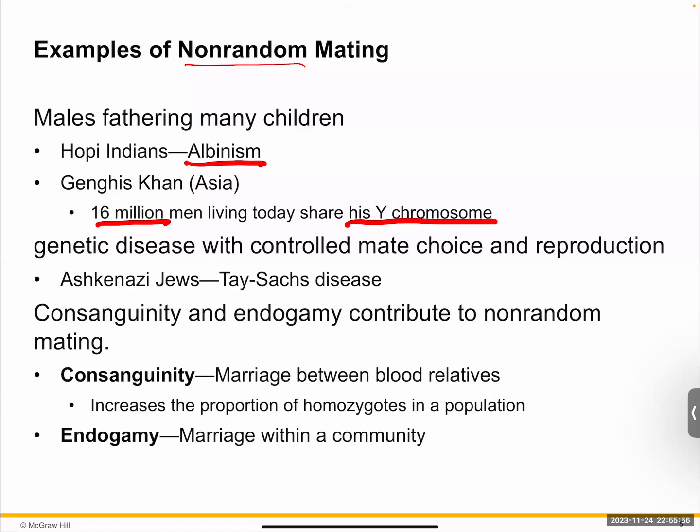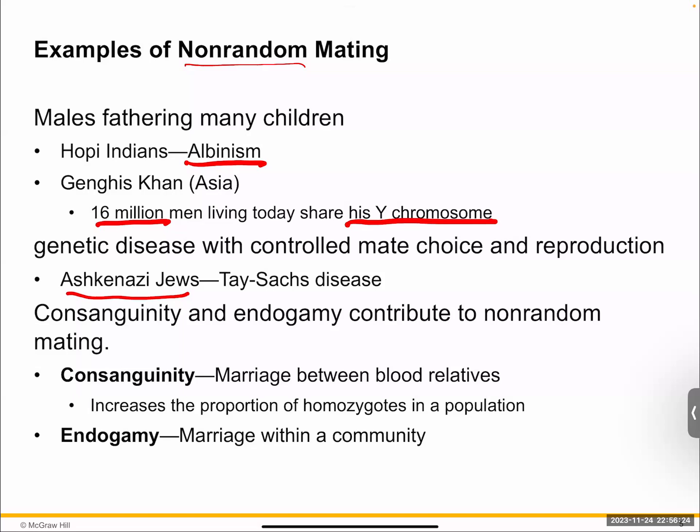Certain diseases and certain situations, cultural and environmental, have affected a group of the population to focus more on interbreeding. This is related to disease, which led to an increased rate of allele frequency for Tay-Sachs disease.